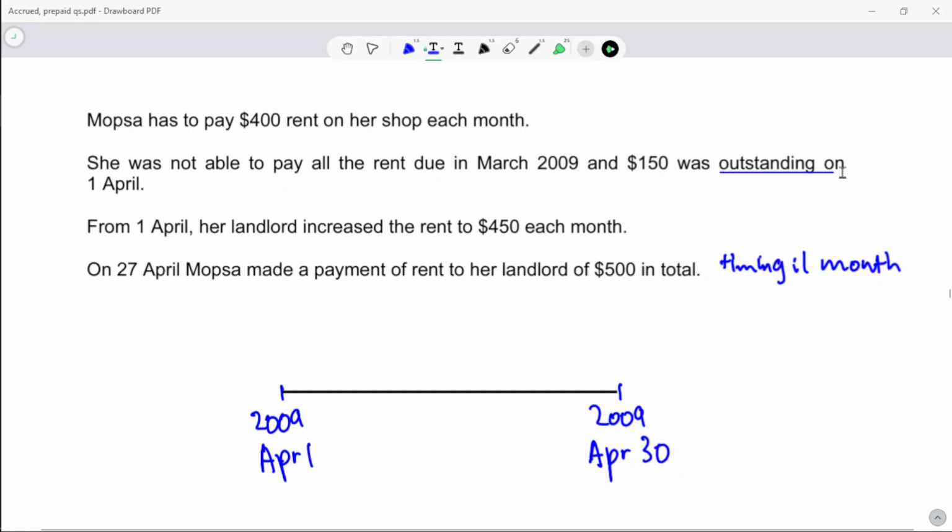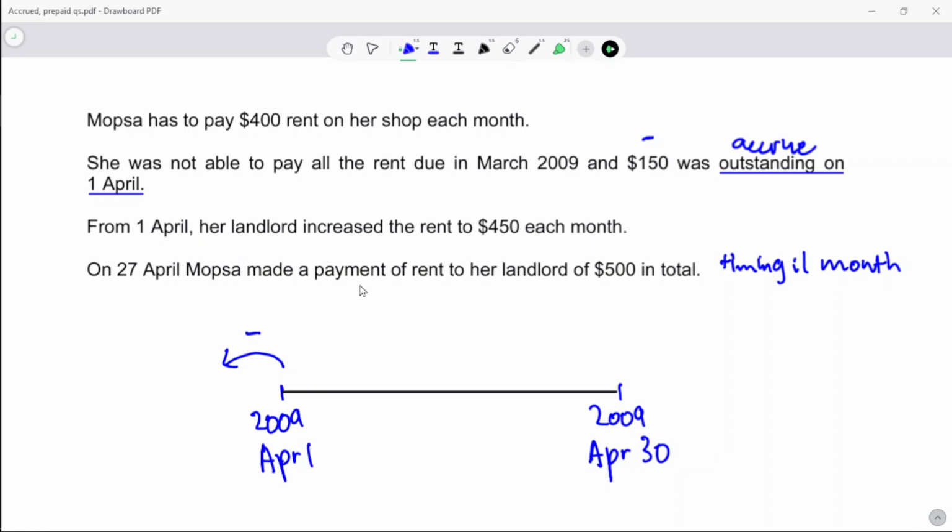So what did he say? He say outstanding on 1 April, so 1 April to the left. Outstanding means accrued. Accrued 1 April, 1 April to the left, so outside, so minus. So this one I have to minus. Okay.